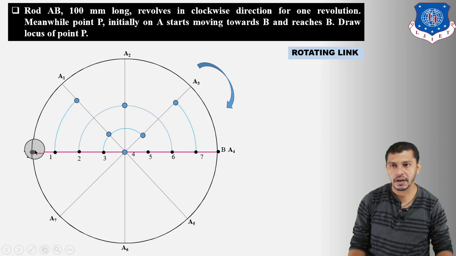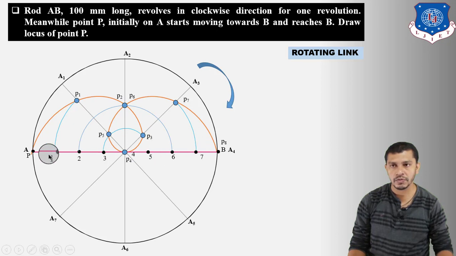So now draw a freehand curve passing through these points. This will be our P1, P2, P3, P4, P5, P6 will be over here, P7, and this will be our P8. So draw the freehand curve passing through these points, which gives us the locus of point P, which moves on the line AB, and at the same time the line AB or rod AB rotates in the clockwise direction with uniform velocity.